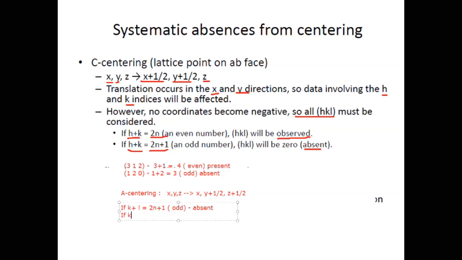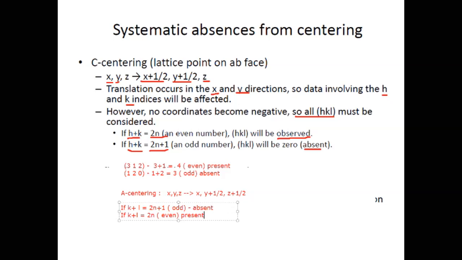If K plus L is 2n, even, these are present. So if you see both odd and even present, it cannot be A centering. A centering means that the odd K plus L are absent.